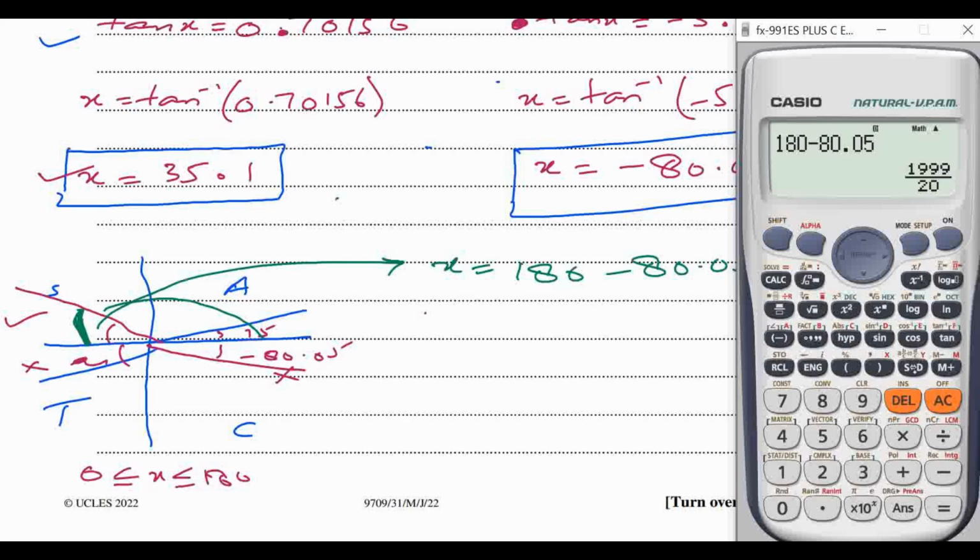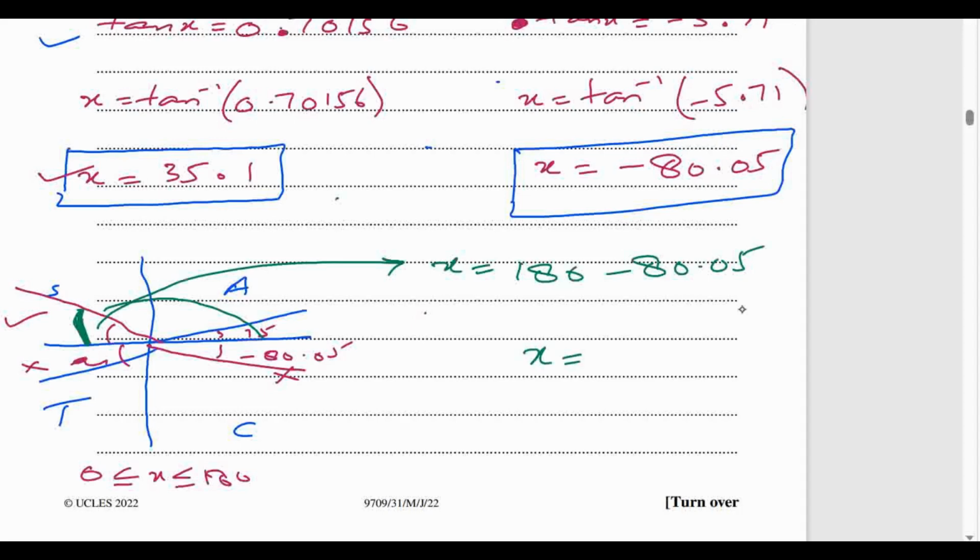So this will be equals to 99.95. So we can say that x will be equals to 99.9 degrees. तो एक आंसर आपके पास ये होगा 35.1 एंड द अदर आंसर विल बी दिस वन.